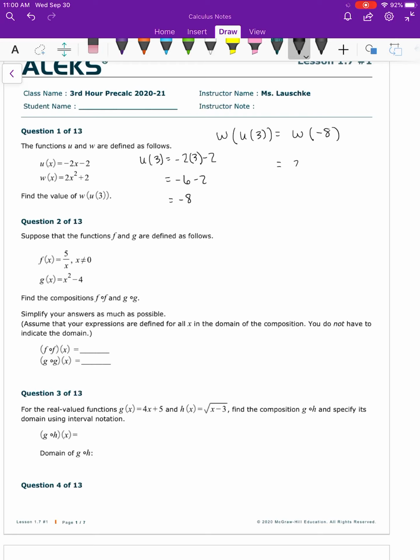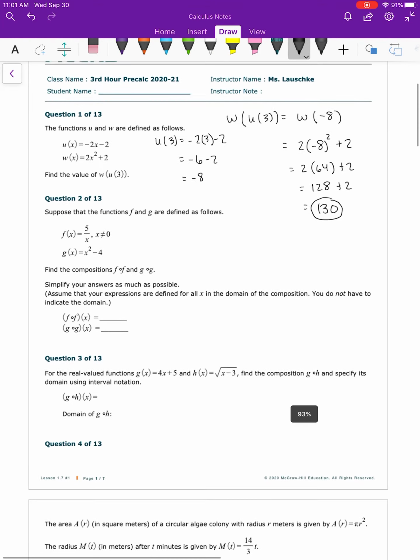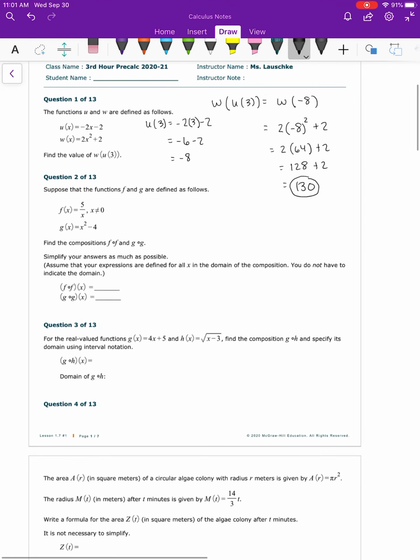So now when I go to the W, I put negative 8 in. And this is 2 times 64 plus 2. So this would be 128 plus 2, giving you an answer of 130.